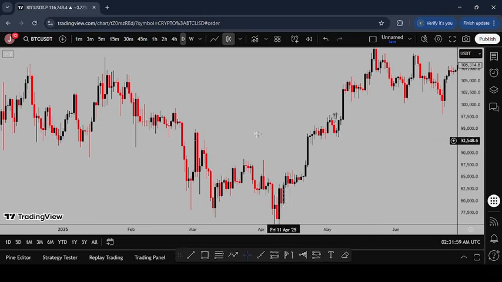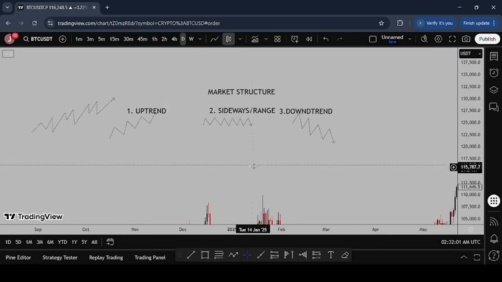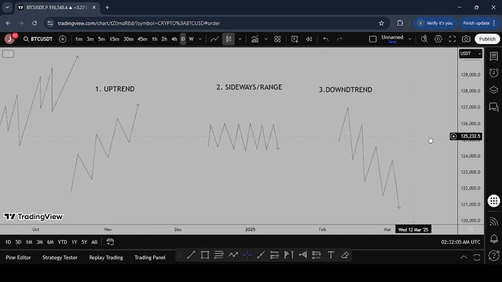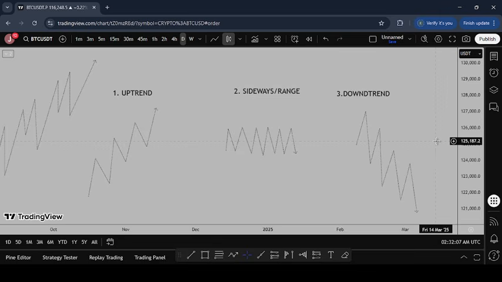Now, like I said, I was talking about the ranging and sideways market, and I said it depends on the time frame. A lot of traders will tell you to avoid the ranging market. Of course, if the market is ranging on a lower time frame, say 15 minutes or 1 hour, you want to avoid it.